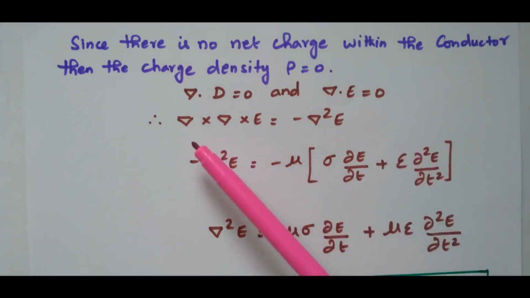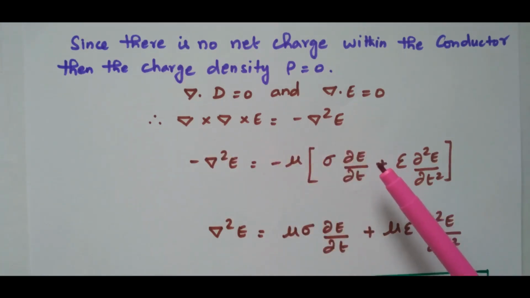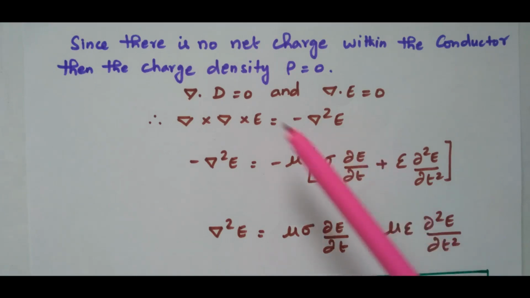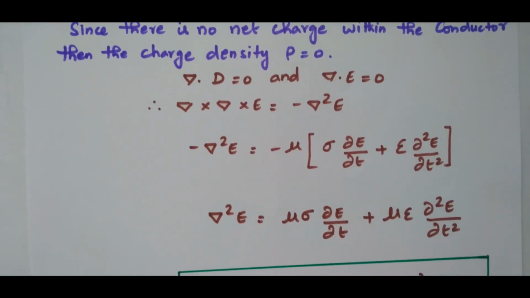Therefore that identity we can write as del cross del cross E equal to minus del square E. The other terms become 0. These two terms become 0. So that can be written as minus del square E equal to minus mu times sigma dou E by dou T plus epsilon dou square E by dou T square.